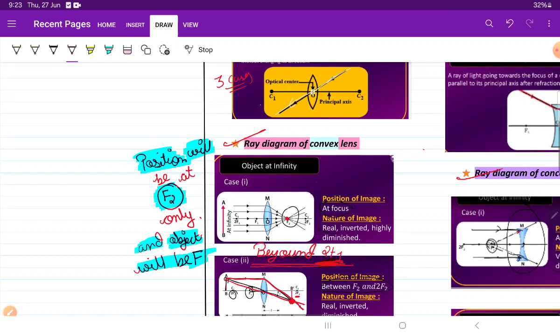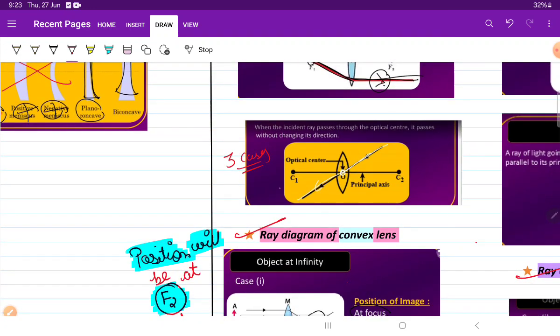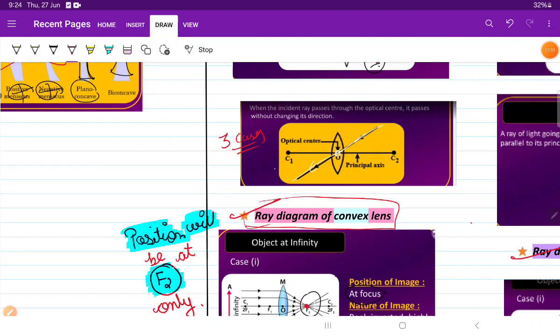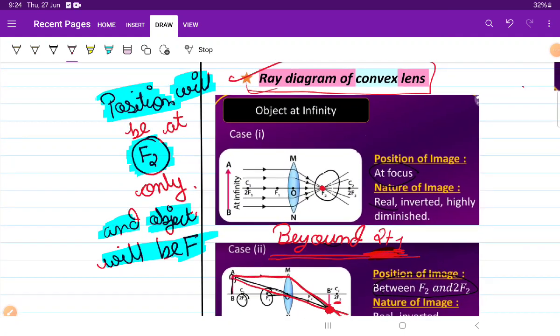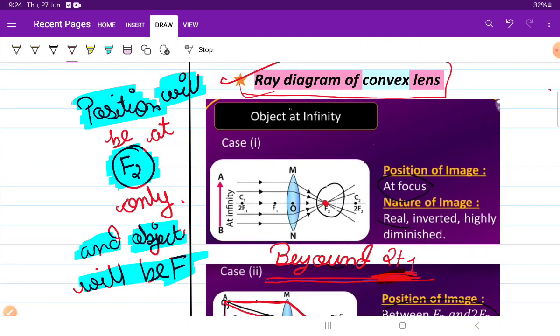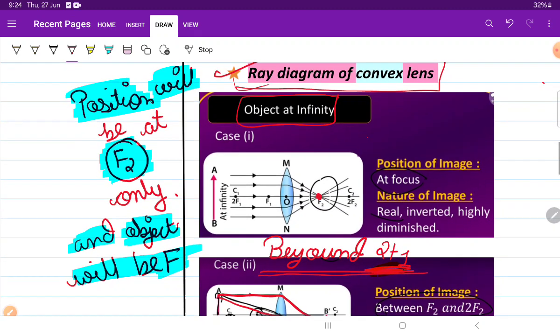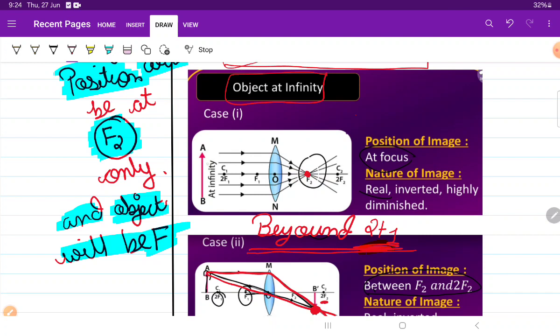Now let's quickly study the ray diagrams of convex lens. In the first ray diagram, what is the position of the object? Yes, at infinity. See students, always the position of the object in the first case will be at infinity only.